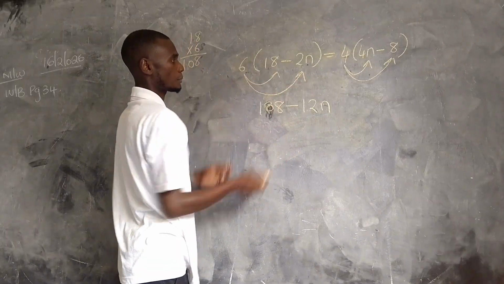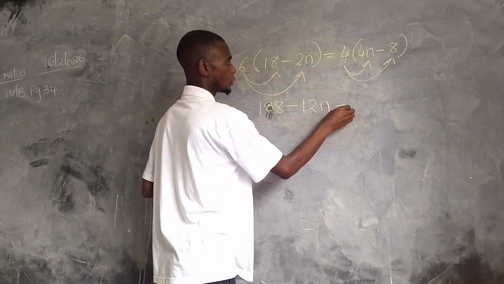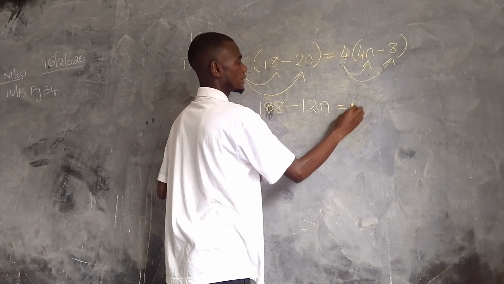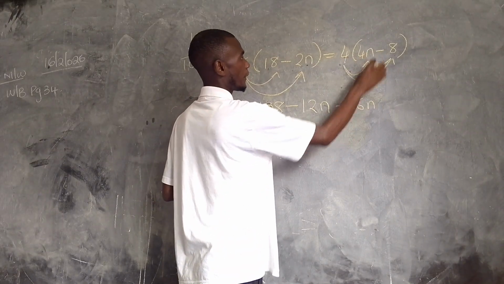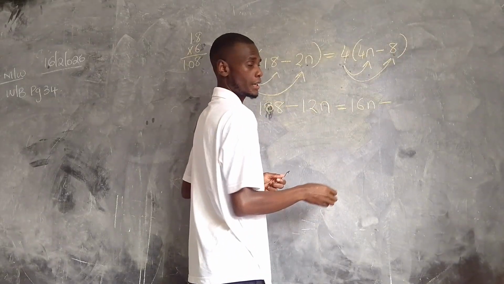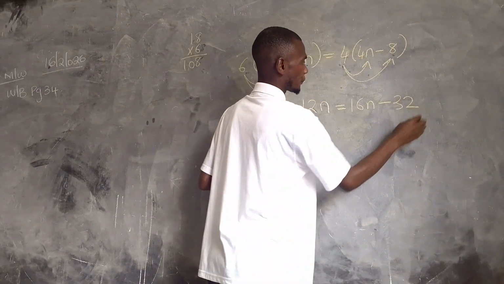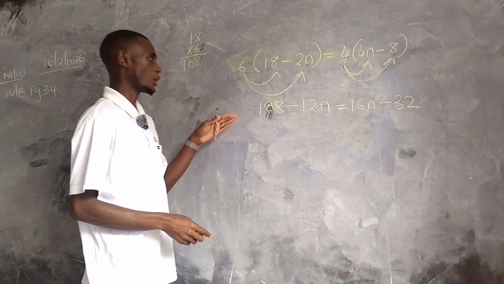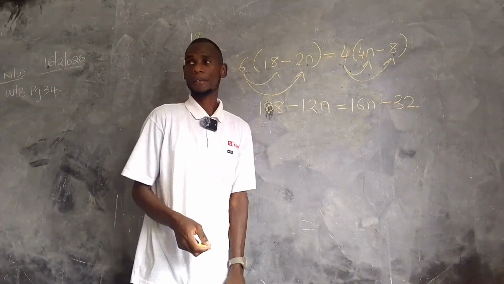We have opened that bracket, is equal to, we open the other side, 4 times 4n, that is 16n, minus 4 times 8, that is 32. We have opened the bracket, and therefore we have that linear equation.